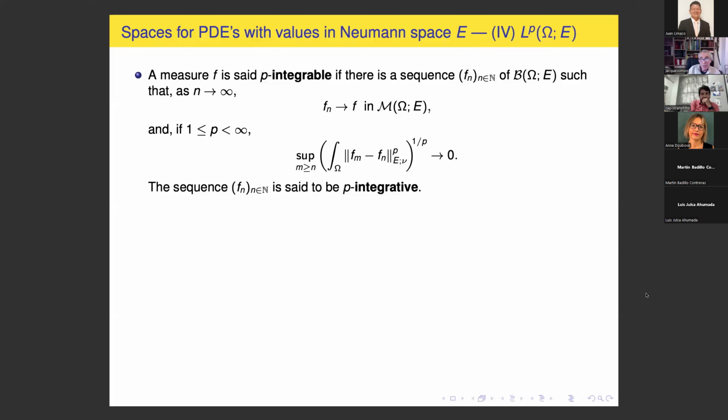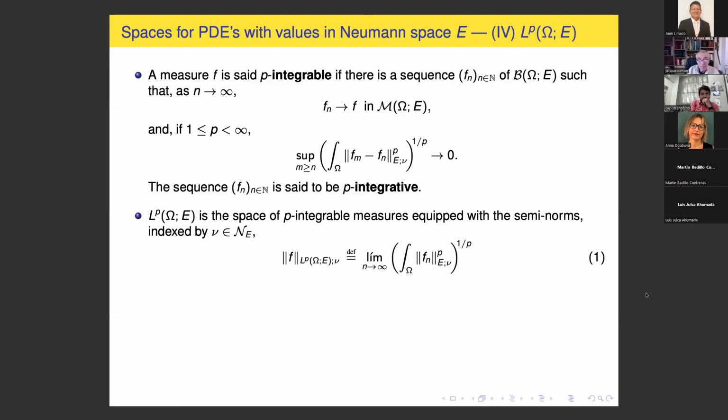Such a sequence is said to be p-integrable. And LP is the space of p-integrable measures, which is equipped with the seminorms indexed by nu. The seminorm of index nu is the limit of the integral of fn to the power p in seminorm nu as n goes to infinity. And this is the limit for every p-integrable sequence.